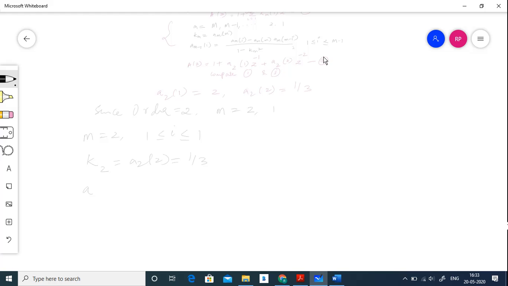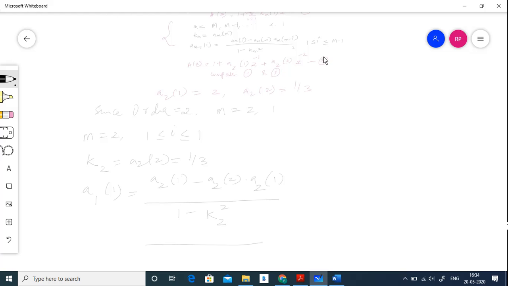So what you will get, the value of m is 2, 2 minus 1 is 1, I will vary between 1 to 1, which means I will take only one value, that is equal to A2 of 1 minus A2 of 2 into A2 of 2 minus I, the value of I is 1, so that you will get A2 of 1 whole divided by 1 minus Km square, the value of m is 2, so K2 square. Now I'm going to substitute for them.